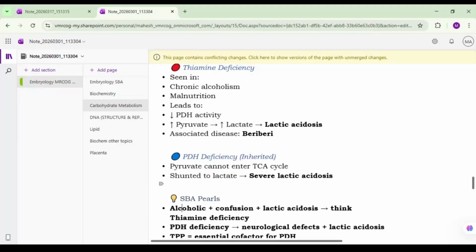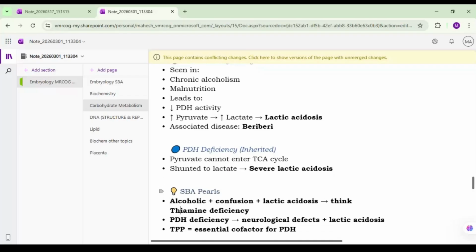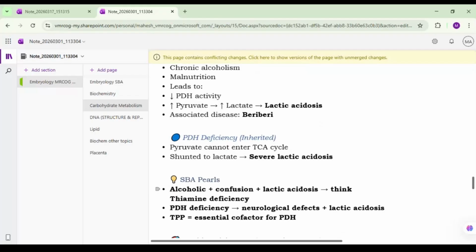This is associated with beriberi. With PDH deficiency, pyruvate cannot enter the TCA cycle, so it is shunted to lactate and leads to lactic acidosis. So alcoholic confusion with lactic acidosis, think of thiamine deficiency. PDH deficiency gives neurological defects plus lactic acidosis.